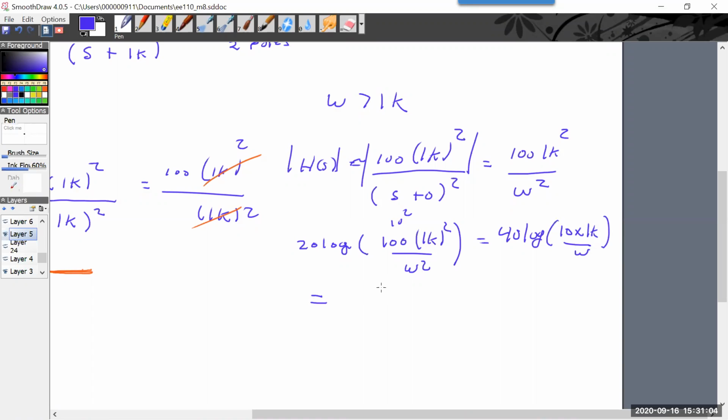And that gives us a minus 40 dB slope. Right? So that's minus 40 dB per decade, and it equals 0 dB when omega equals 10K. All right.